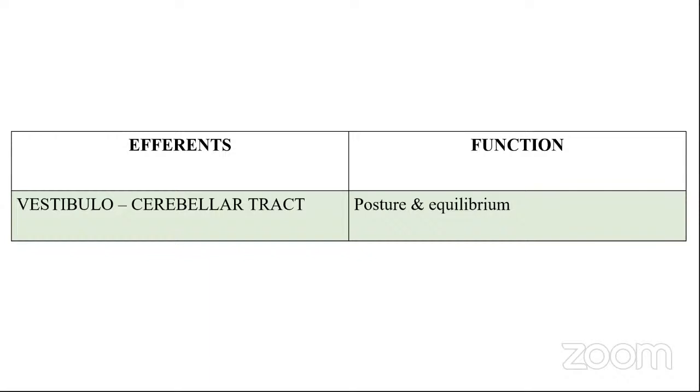It also has the function of equilibrium because the cerebellum has an important role in the equilibrium of the body. The main function of the vestibulo-cerebellar tract is posture and equilibrium.